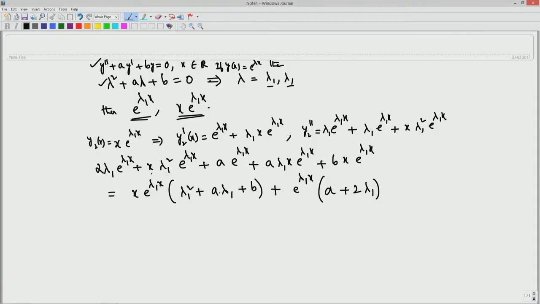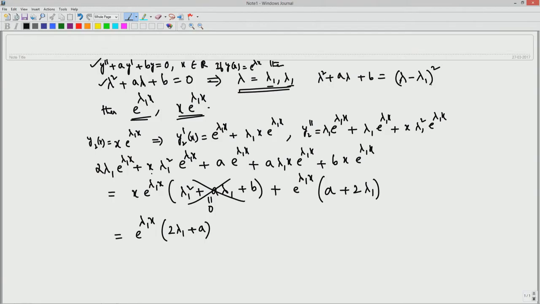We have seen that lambda 1 is the root of the quadratic equation, so this is 0. What you have is e power lambda 1 x into 2 lambda 1 plus a. If the root is repeated, lambda square plus a lambda plus b is actually equal to lambda minus lambda 1 whole square.